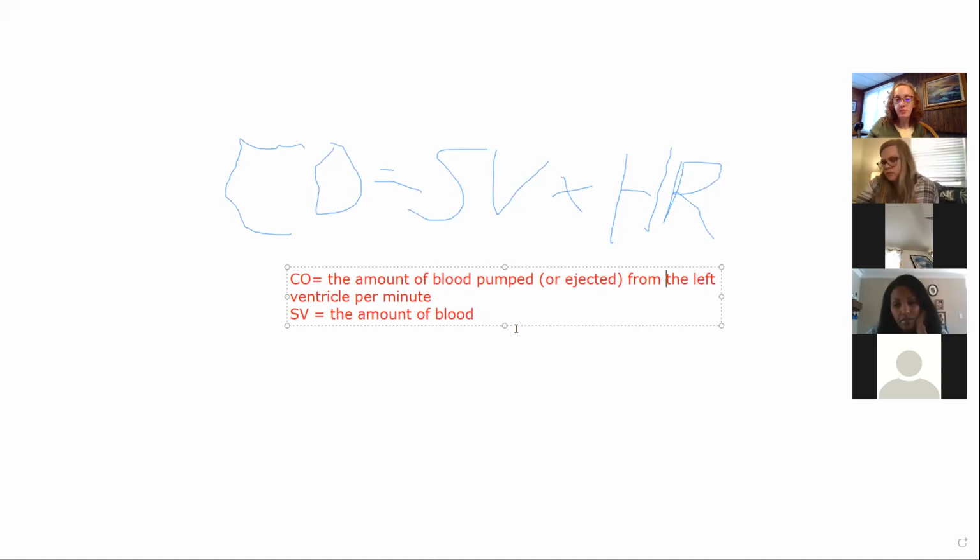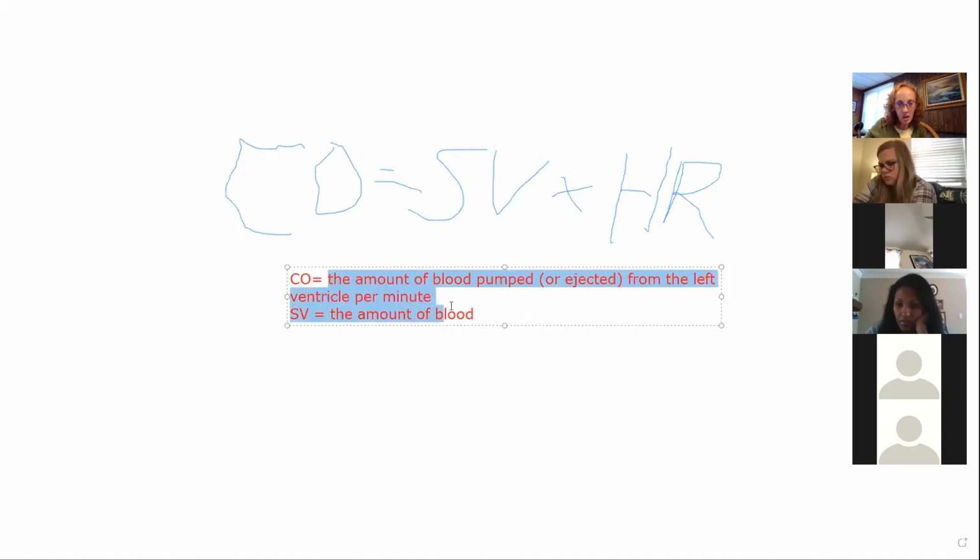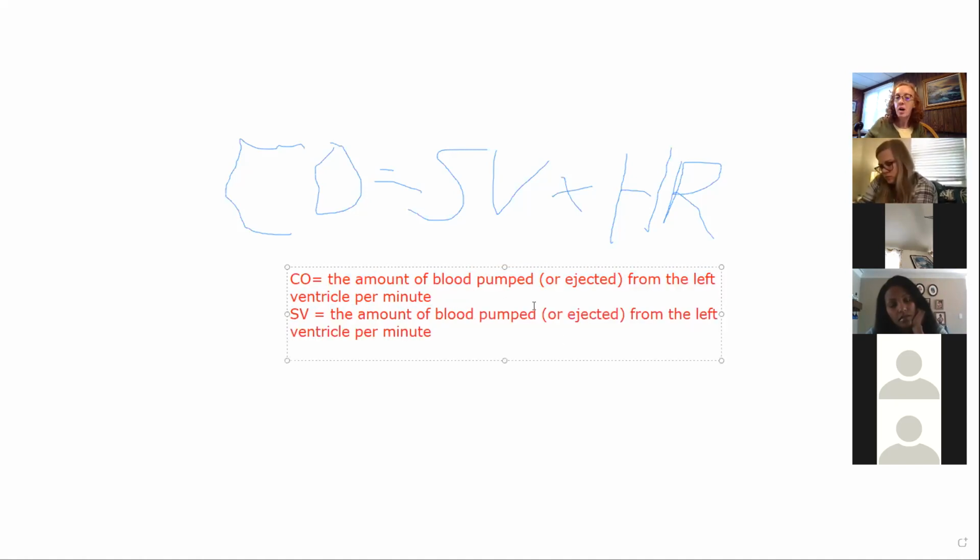The stroke volume is the amount of blood ejected or pumped from the left ventricle with each heartbeat, each heart contraction.